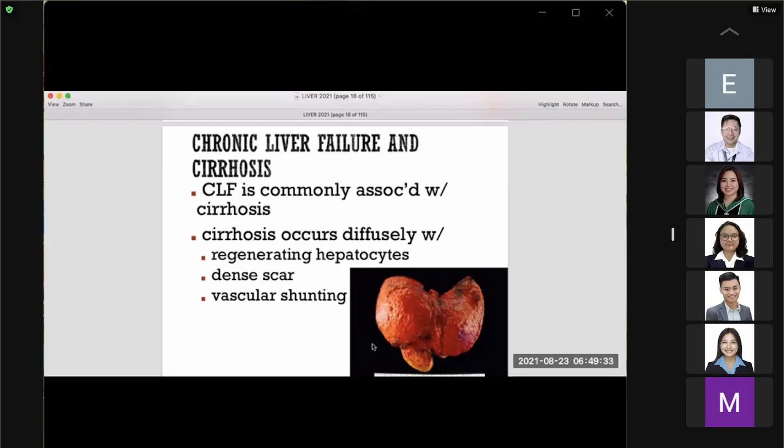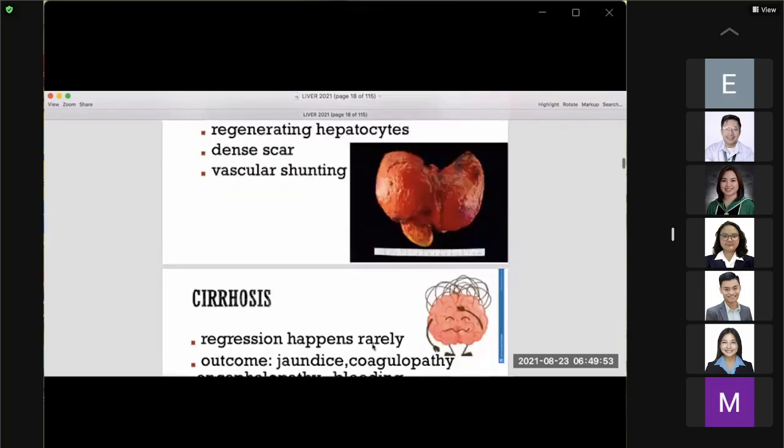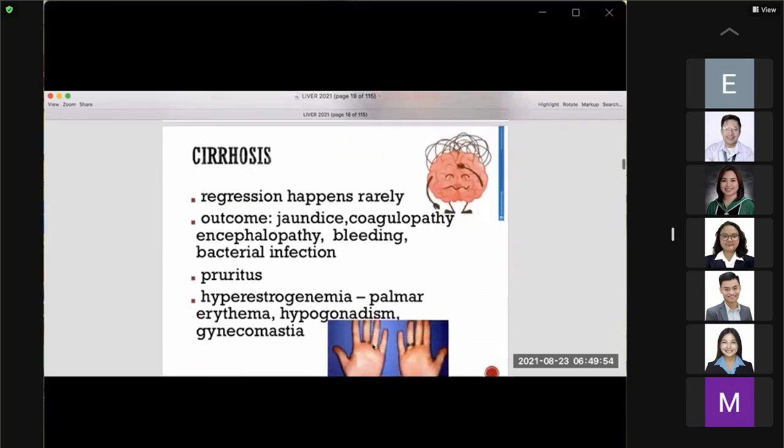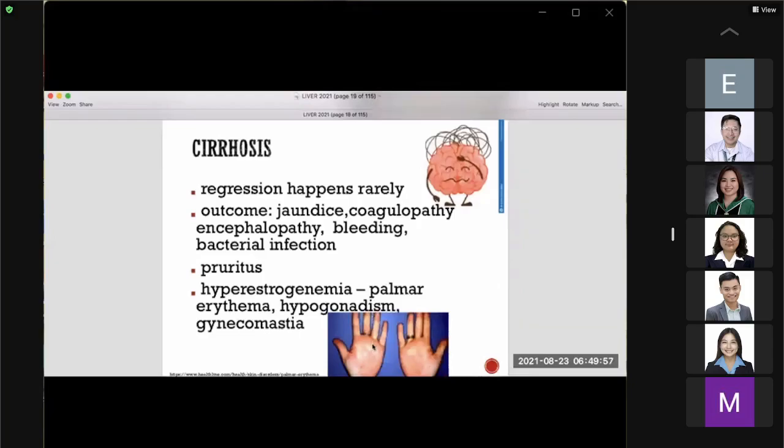Cirrhosis occurs diffusely and what we can see microscopically are regenerating hepatocytes, the presence of dense scar from one place to another, as well as vascular shunting, which can be observed even grossly. In cirrhosis, it says here that there is a possibility, but it's quite rare, that regression can happen.